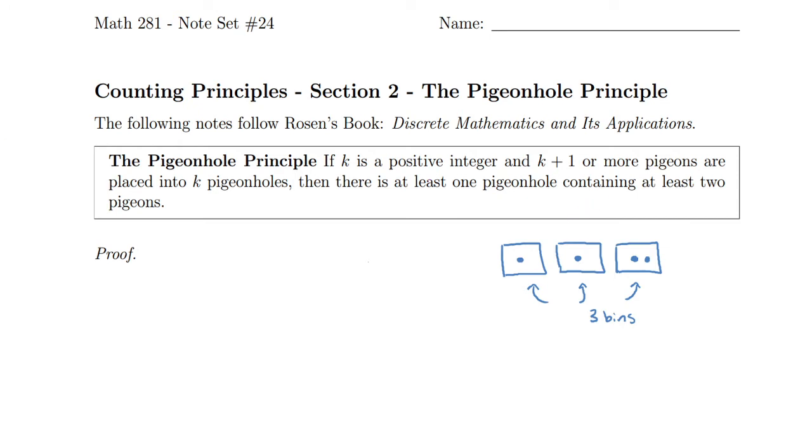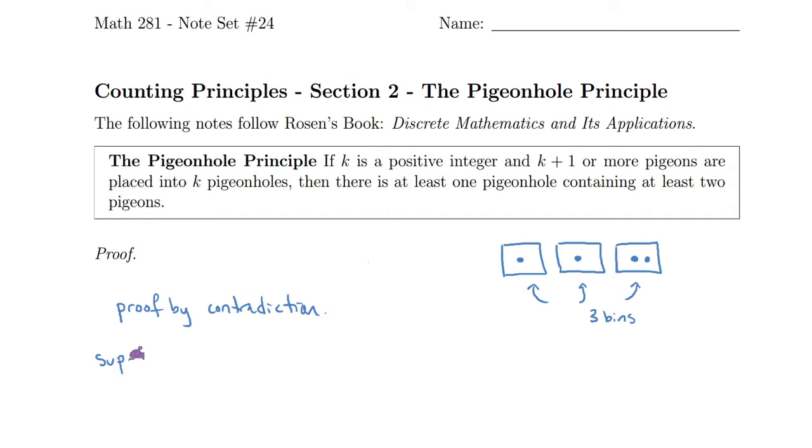The proof that we're going to do here is a proof by contradiction. So first what we're going to do is suppose this condition, right?